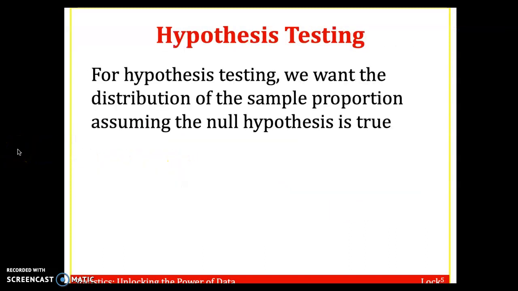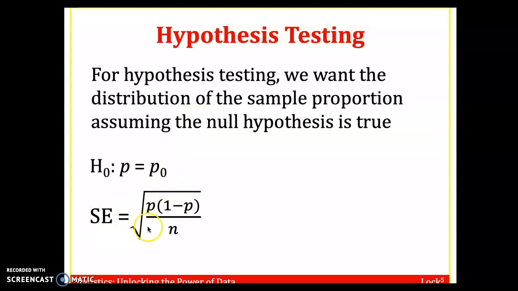All right, last topic for chapter 6.1 is hypothesis testing. For hypothesis testing, we want the distribution of the sample proportions assuming the null hypothesis is true. So when we go to that standard error formula for doing a null hypothesis for a single proportion, we're going to set p equal to something, some proportion.